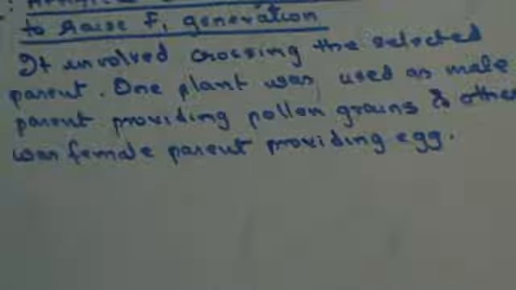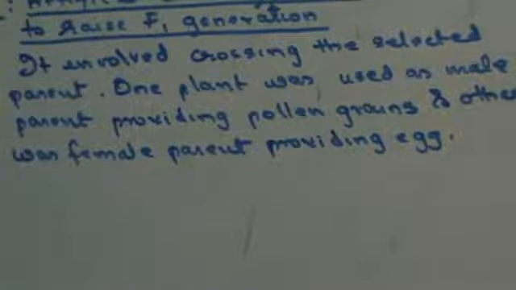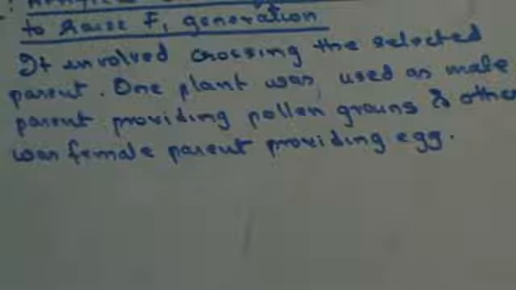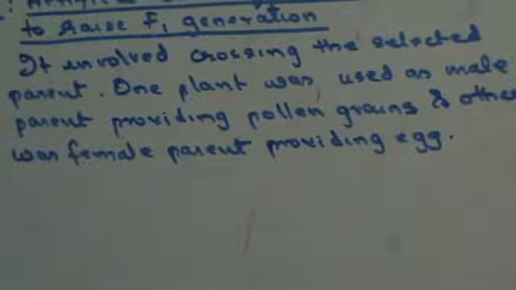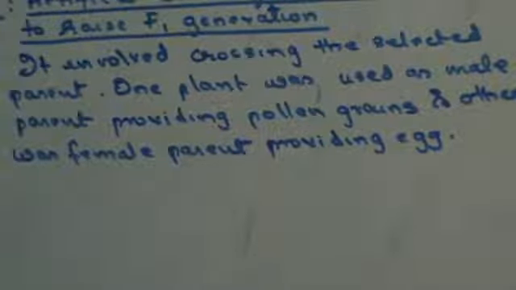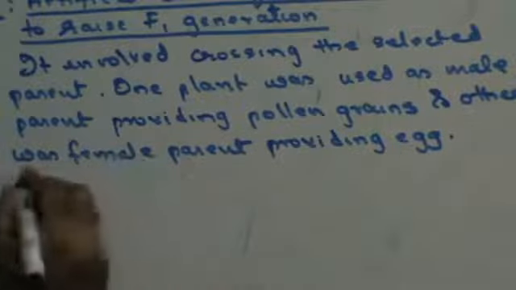Now, in order to make sure that the cross was properly done, remember when we were studying the characteristics of pea plant, we said that they are self-pollinating. Now, I didn't want them to self-pollinate. Hence, emasculation was carried out.